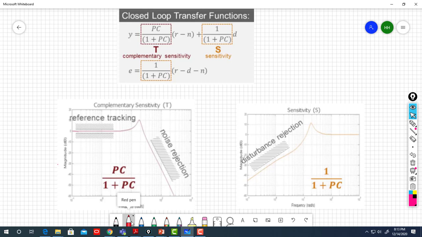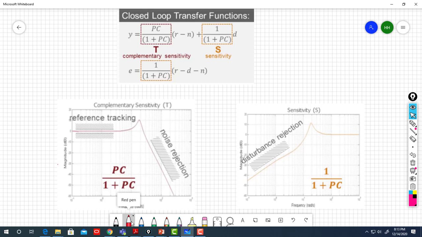Alright, and if you really want noise rejection, and the noise is normally at high frequency, you should have very high attenuation, good attenuation at high frequency. So if your PC over 1 plus PC looks like this, it means you have noise rejection and you have reference tracking. That's what it means.